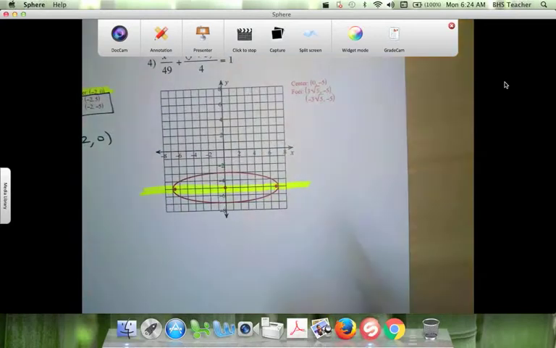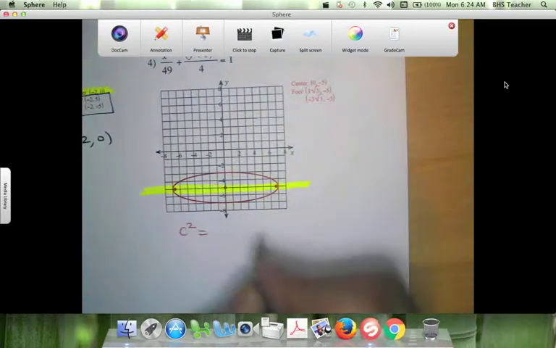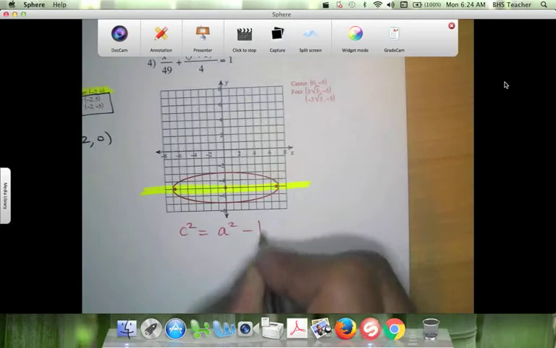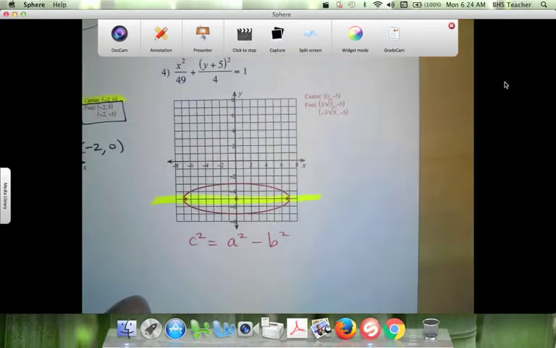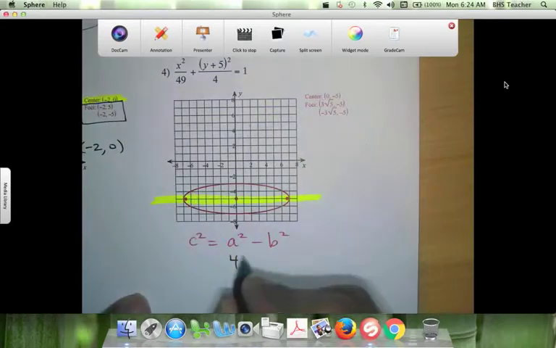Again, c squared is equal to a squared minus b squared. Again, a squared is the greater number. 49 take away 4.